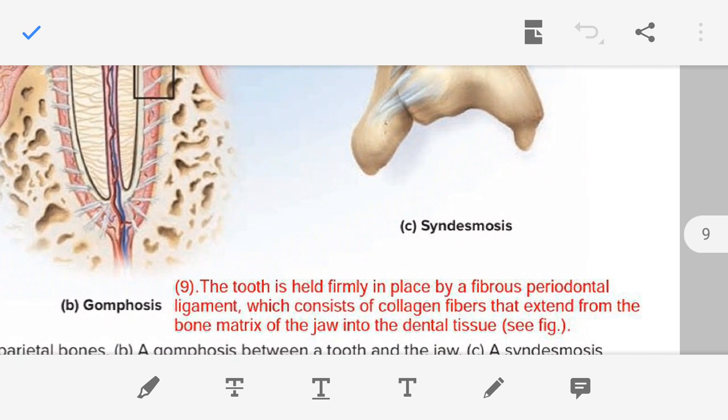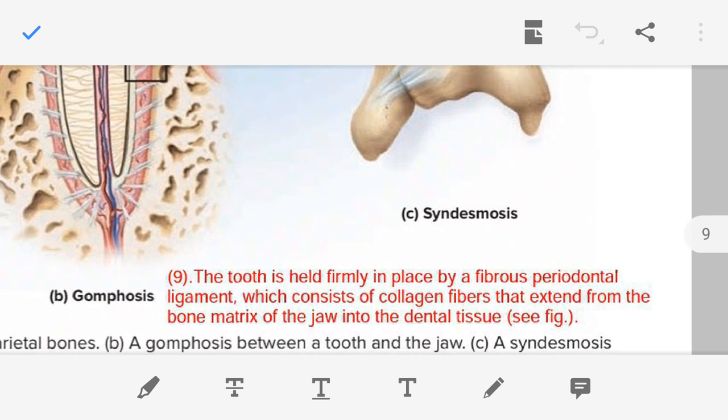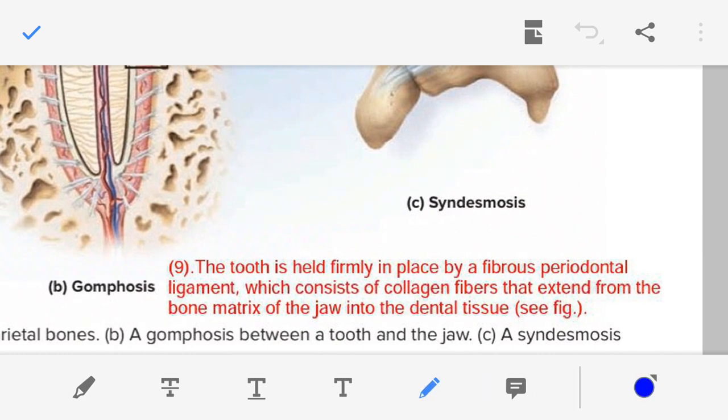So how is the slight movement of our teeth possible, and how are the teeth held firmly in their place? There is a ligament called the fibrous periodontal ligament, and with the help of this periodontal ligament, the teeth are held firmly in their places in the socket.